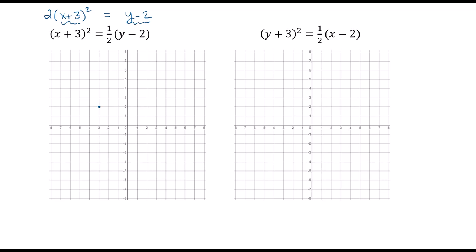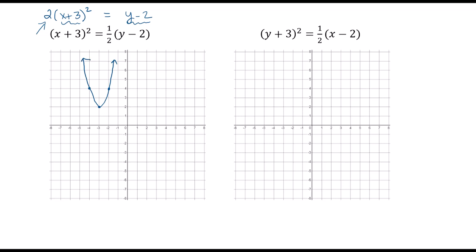Now we still have a parabola that is opening up. It's an x squared parabola, and it's twice as tall as it normally would be because of this 2. So we're going to have these points and graph as smoothly as you can. There you go.